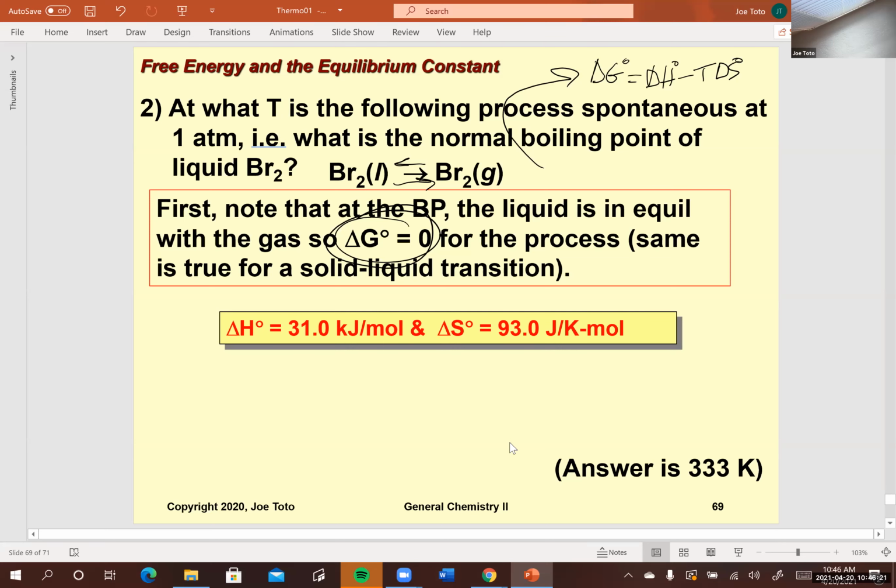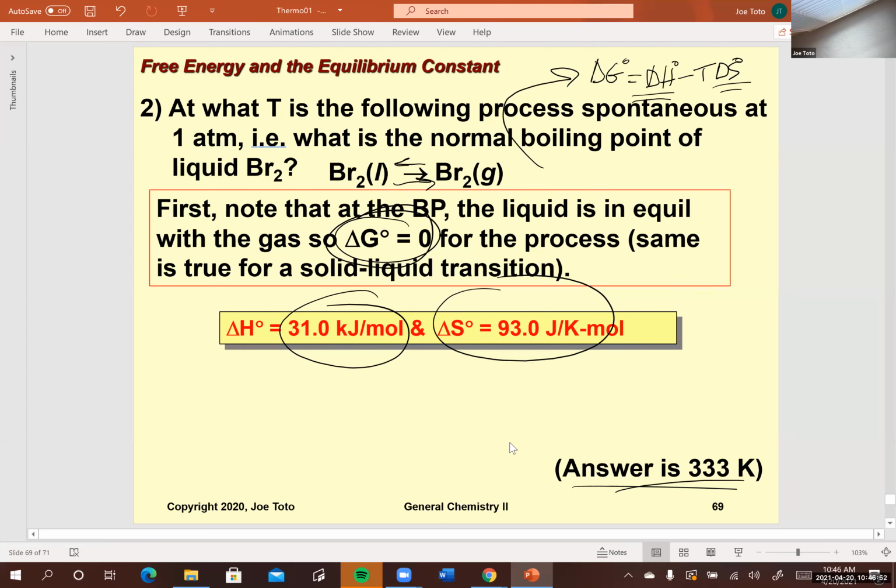And so we can go ahead and use our book values to calculate delta H of reaction from the delta H of formations. We can calculate the delta S of reactions from the absolute entropy values that are in your textbook. And once we have that, then we have everything we need to calculate that transition temperature. So try that, make sure you get that answer.